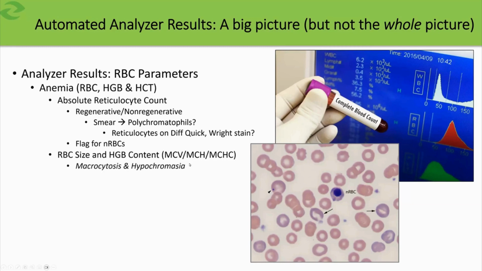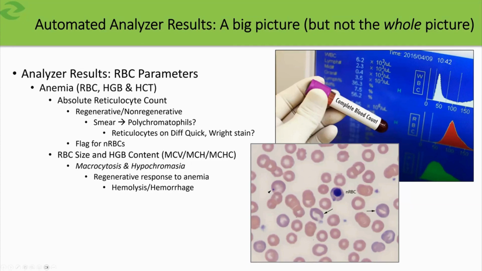So let's talk about some of the specific changes with these RBC indices. Macrocytosis and hypochromasia, so an increase in MCV and a decrease in the MCHC. Most commonly, macrocytosis and hypochromasia is associated with a regenerative response to the anemia, so an increase in reticulocyte counts.